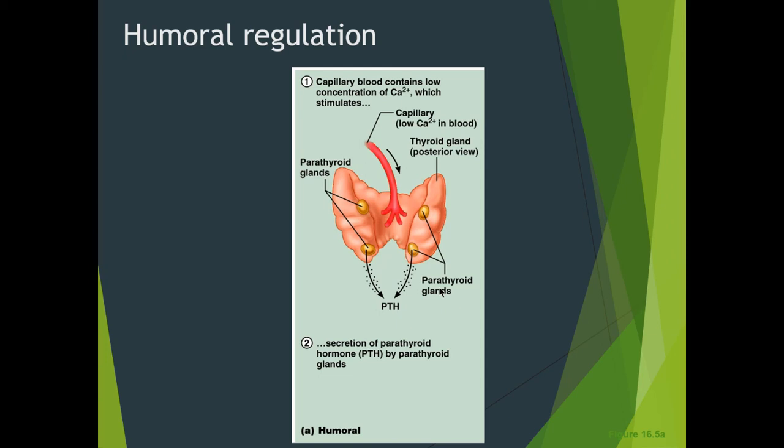But who's in control of the release of PTH? Who's in control is the calcium ions. So these glands are humorally regulated because an ion in the blood determines whether or not this hormone will be released.